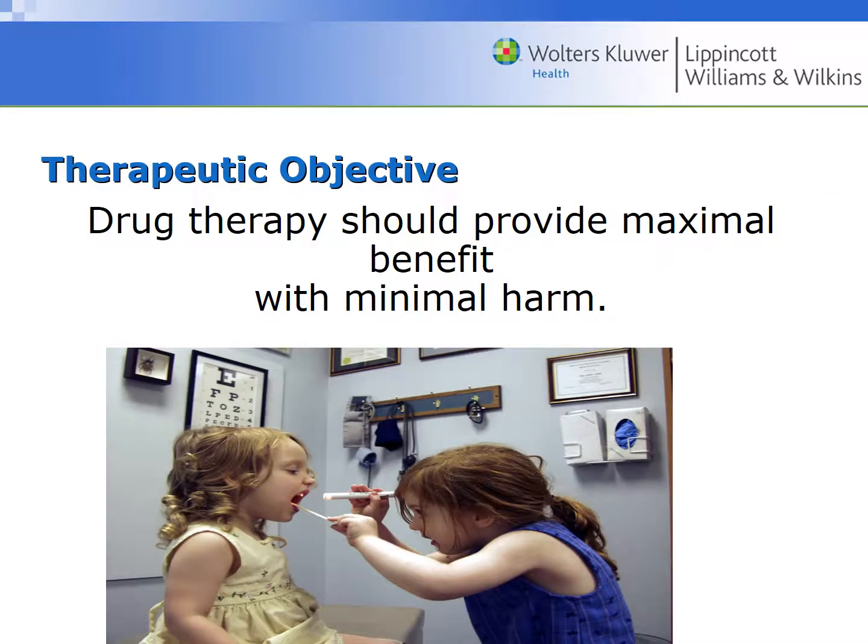Okay, so if you can see there in the picture, our main objective when we're given medications is that we want to be therapeutic with our patients. We want them to be therapeutic with their medications. That's our main goal, and it's to promote desired effects and minimize adverse effects.